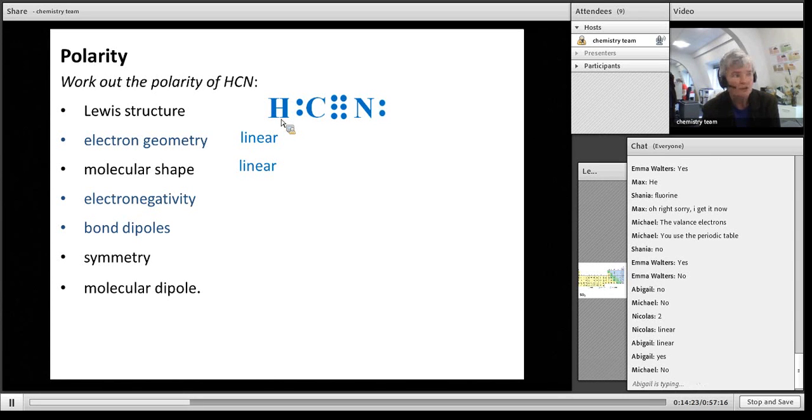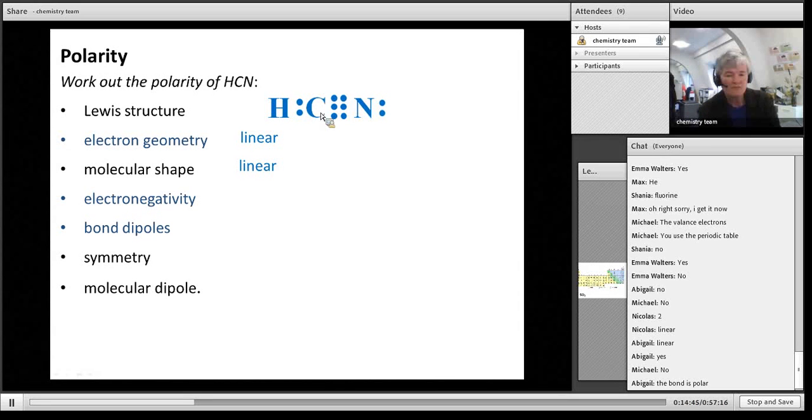So if I've got carbon and hydrogen, they are two different elements. So I am going to have a difference in electronegativity in this CH bond, and so there'll be a bond dipole. Same thing for the CN bond.